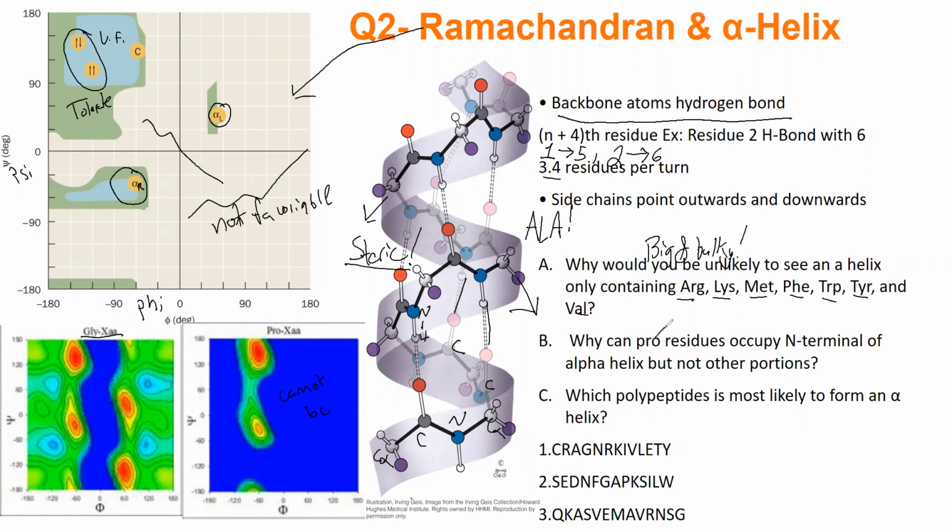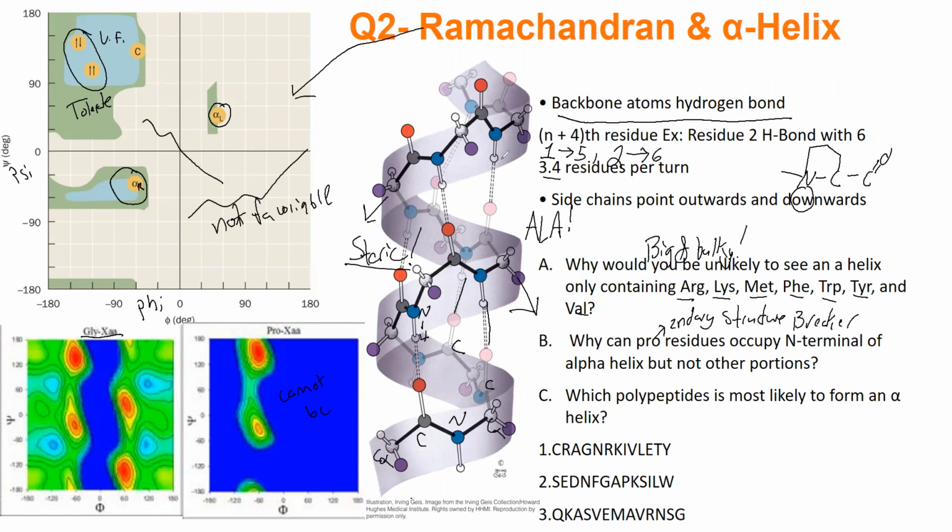So proline is called a secondary structure breaker, because if we go back to proline, that's what proline looks like. It does not have an amide hydrogen. It loses the hydrogen on its backbone because the side chain is bound to itself.